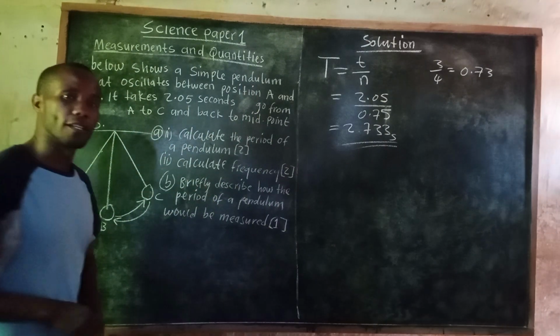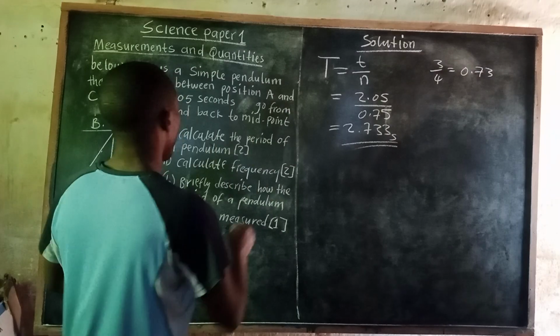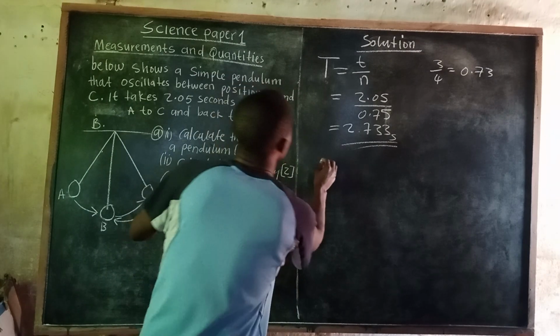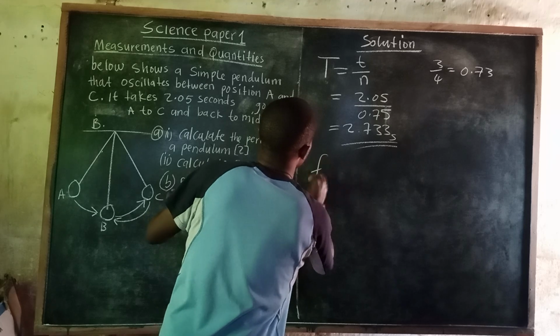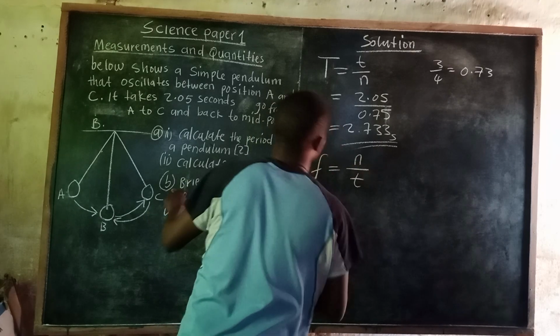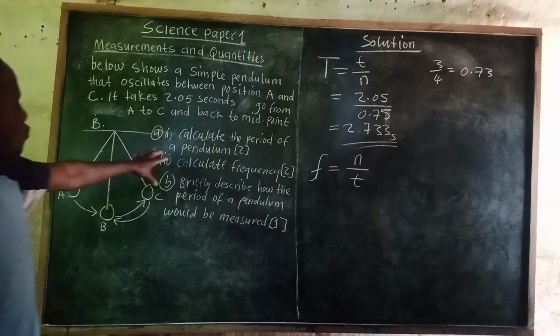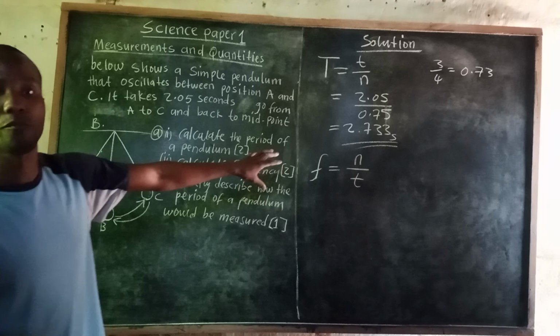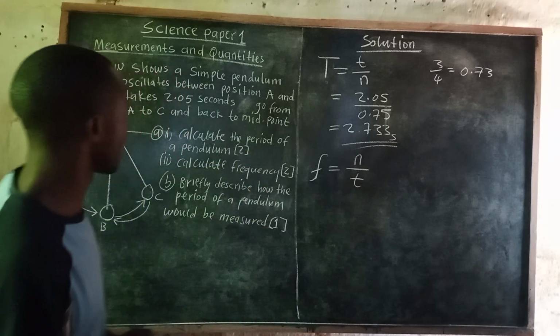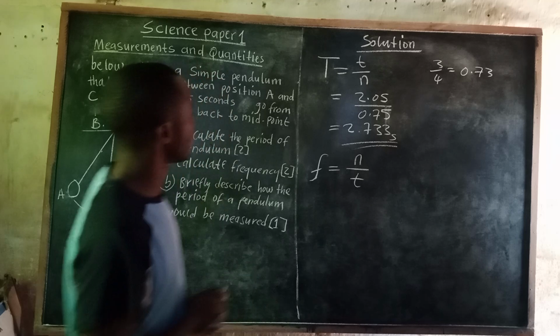Calculate the frequency. The formula for frequency is equal to n over t. Always make sure that you master the formulas, as I said in the first place. Formulas are very, very important in physics.